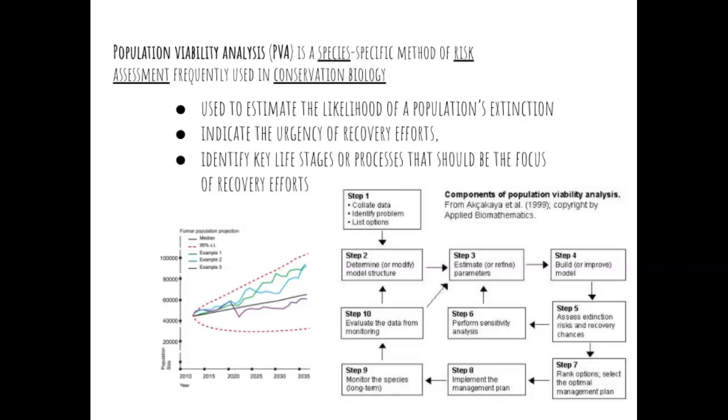Then you go through those steps again until you know your model is good and strong. Then you rank your options, select the best management plan for that particular species, implement the management plan, monitor the species in the long term, evaluate the data from the monitoring, and then remake your model if necessary.